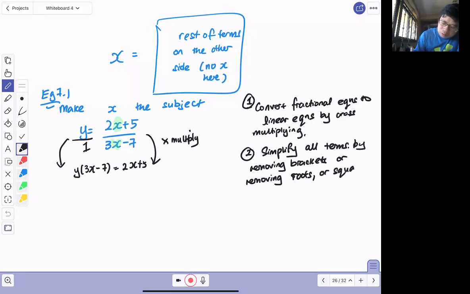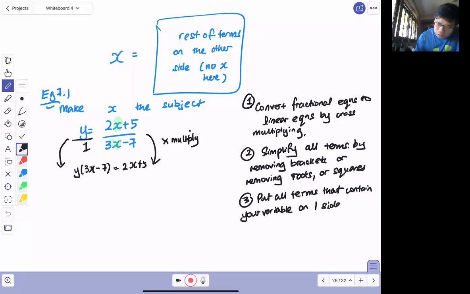Third, put all the terms that contain your variable on one side of the equation. Shift the rest to the right, shift the rest over, shift the rest to the other side.